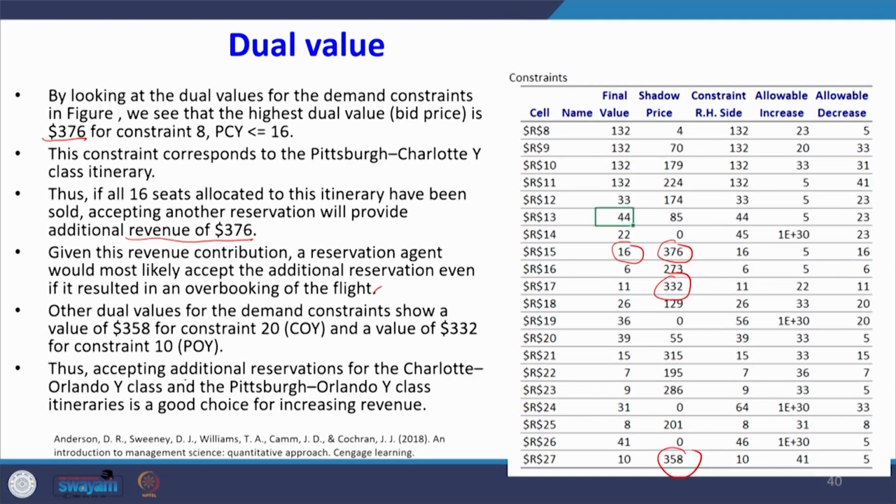Thus, accepting additional reservations for the Charlotte Orlando Y class and the Pittsburgh Orlando Y class itinerary is a good choice for increasing the revenue. So, what we are interpreting from the shadow price is that in that category of tickets, even though the demand is fulfilled, when you go for overbooking, you will get that much additional revenue, which is equivalent to your shadow price.